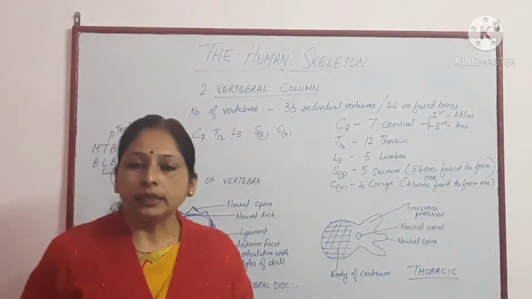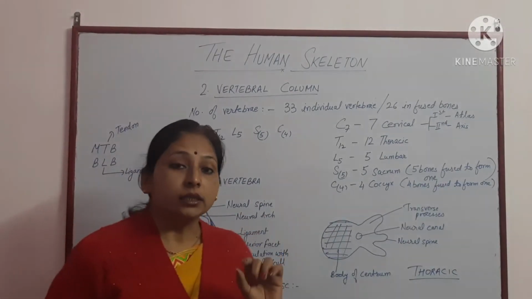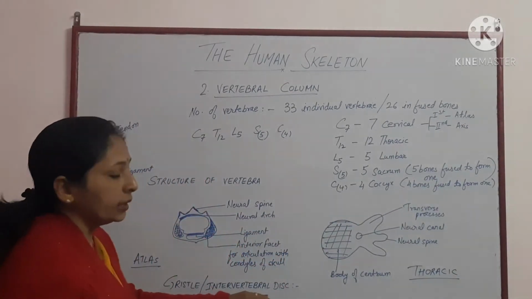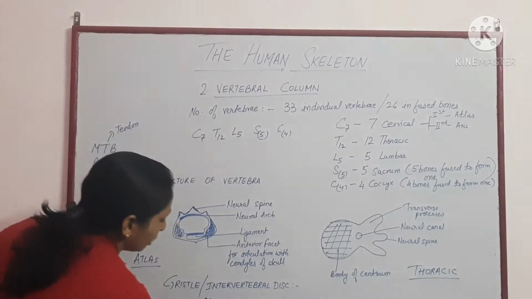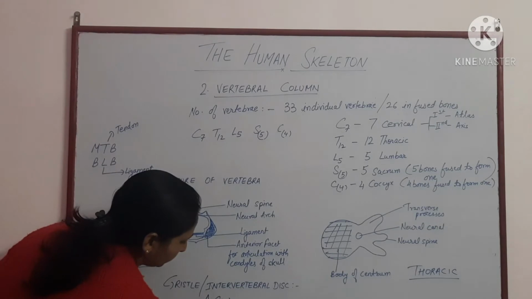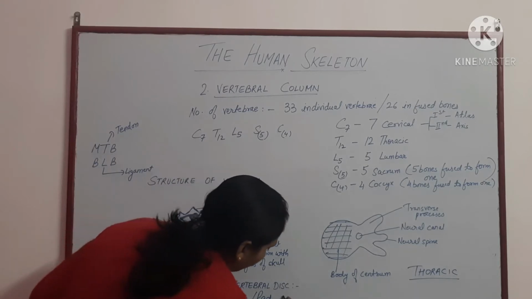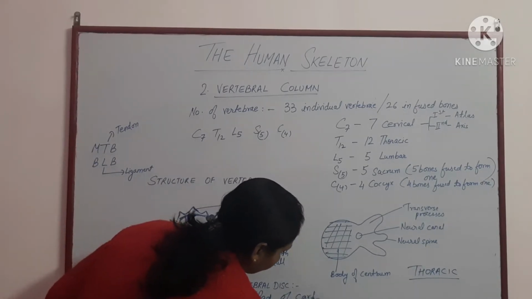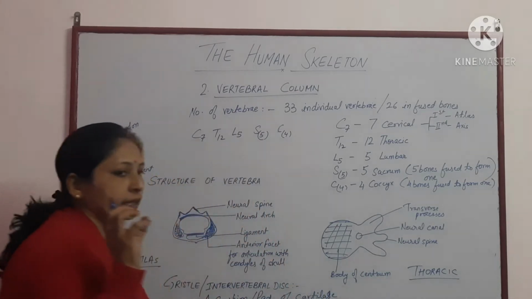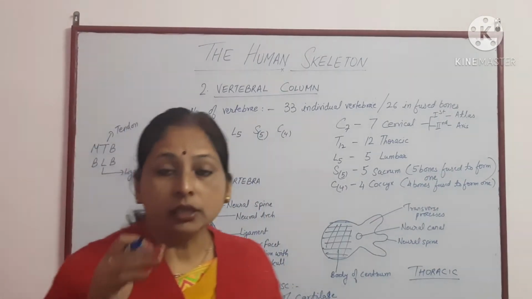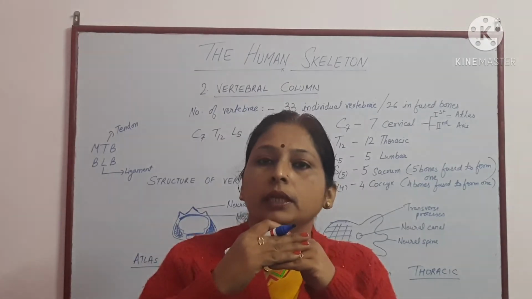Next, one word is written here, gristle or intervertebral disc. Gristle or intervertebral disc is a cushion or pad of cartilage. A cushion-like structure or pad-like structure between two vertebra.